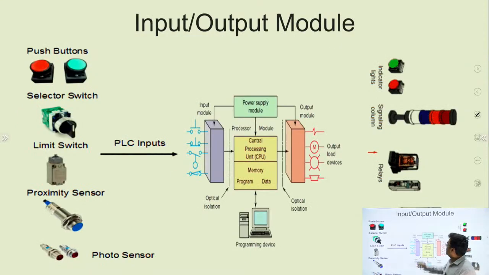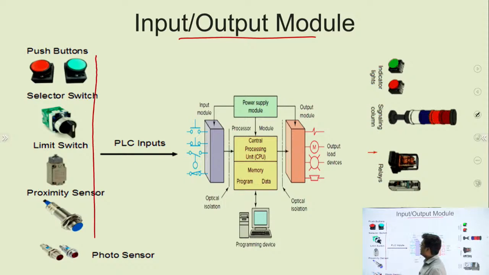Coming to a brief on the input output module. As I said earlier, the input module can be a push button, selector switch, limit switch, proximity sensor, or photo sensor. These are the different inputs.